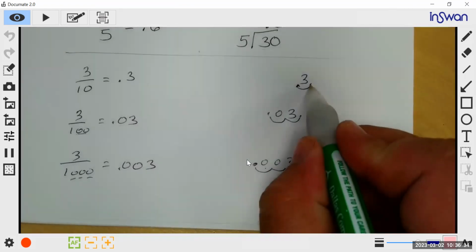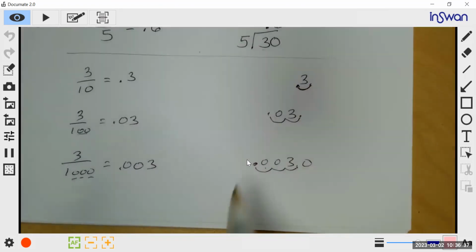In other words, each space we move the decimal to the left means we divide by 10.